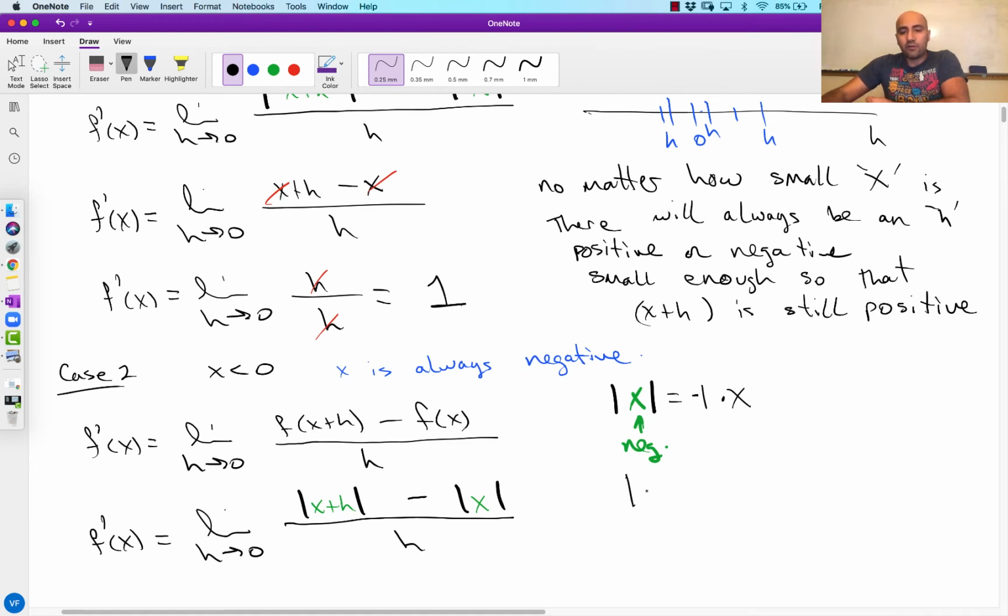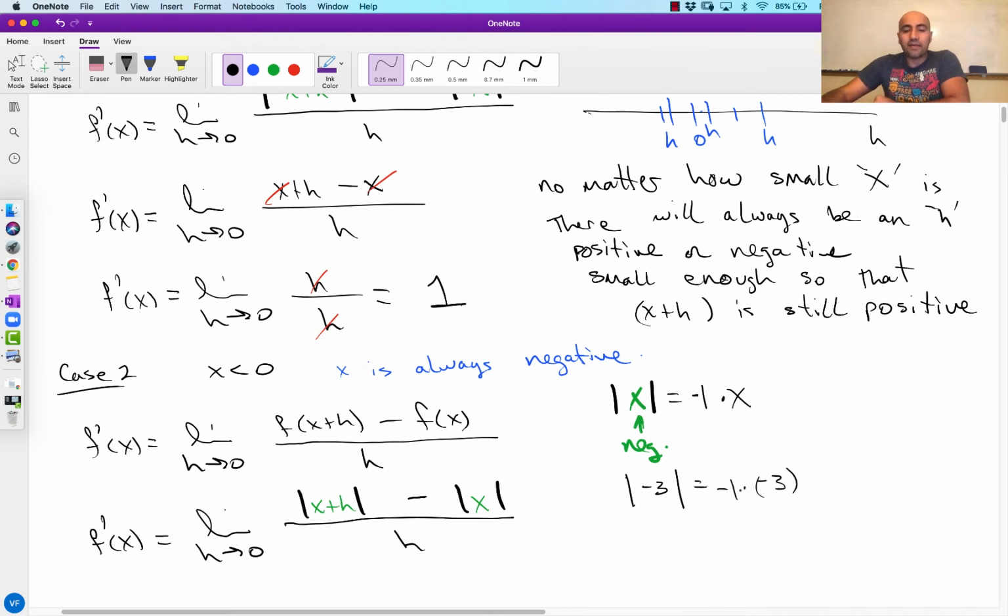So for example, if this was negative 3, we know the absolute value of negative 3 is going to be positive 3. So the way we do that is by copying that number in there, right? Whatever's in there, just copy it again, but multiply it by an extra term of negative 1.